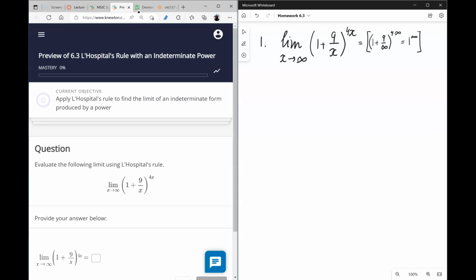The way I like to do this type of problem is I like to set this to L, and now the question is simple.